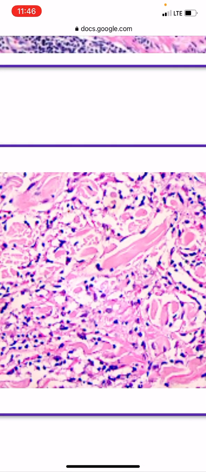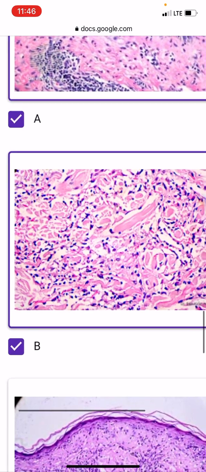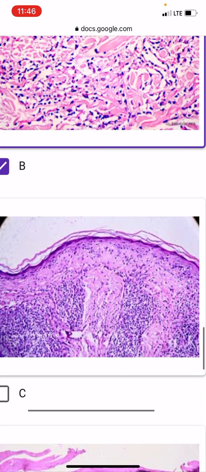In the classical variant, you see a typical palisading granuloma with central necrobiosis or necrosis of collagen. But this is the interstitial variant, and this is the classical histological picture. And in fact, in my clinical practice, and I think that applies all over India and in the subcontinent anyway, the interstitial variant of granuloma annulare is much more common histologically than the classical variant. So this is the answer.